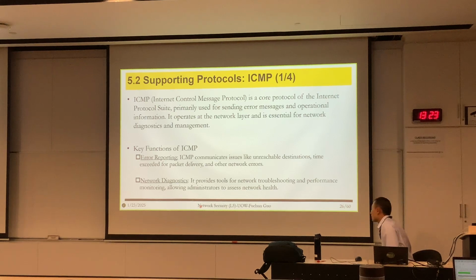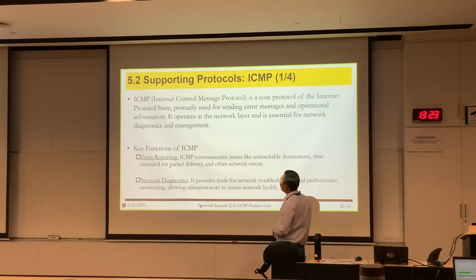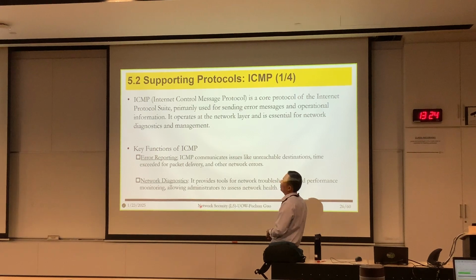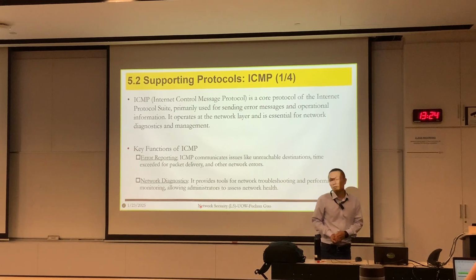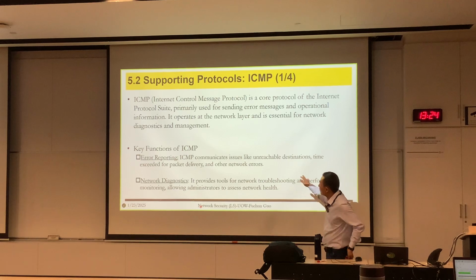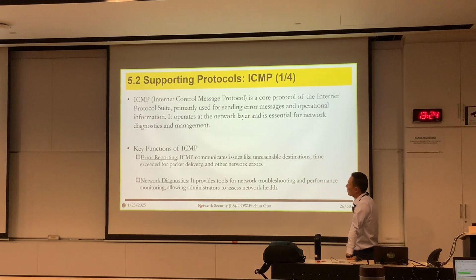Because the administrators need this kind of information to identify what is wrong with the network connection. They need to fix it, and to fix this kind of network connection issue they need to know some information. And this will help people to fix the network connection.